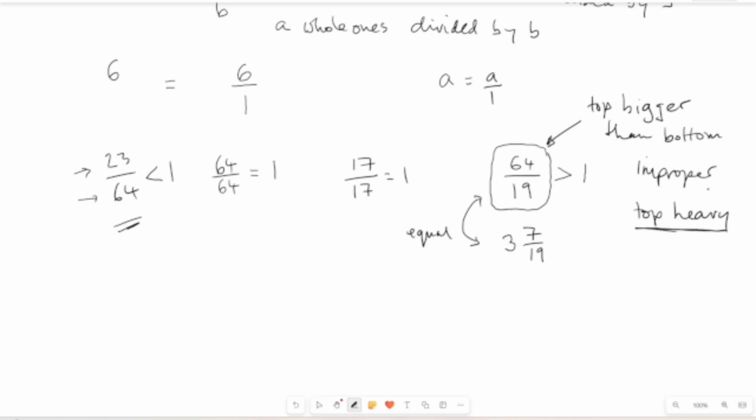We used to call them improper fractions. Fractions where the numerator on the top is smaller than the denominator on the bottom are proper fractions, and ones where you have a whole number added to a fractional part are called mixed numbers.